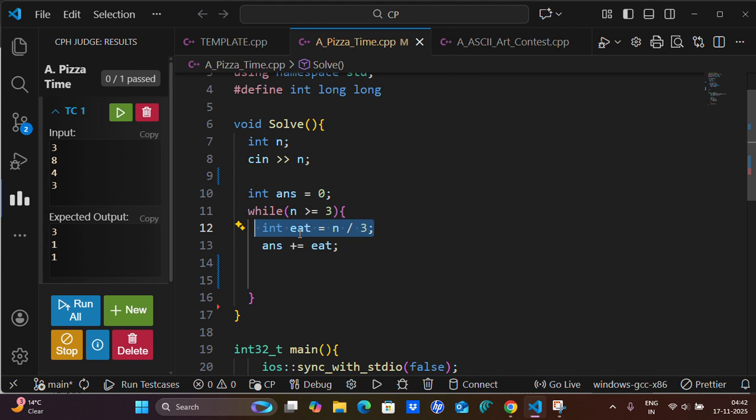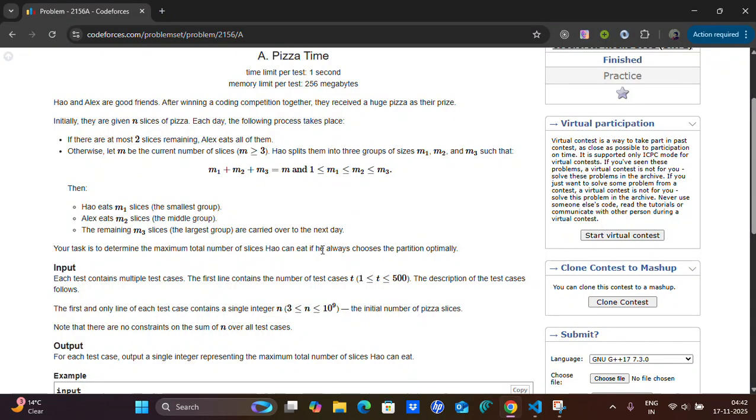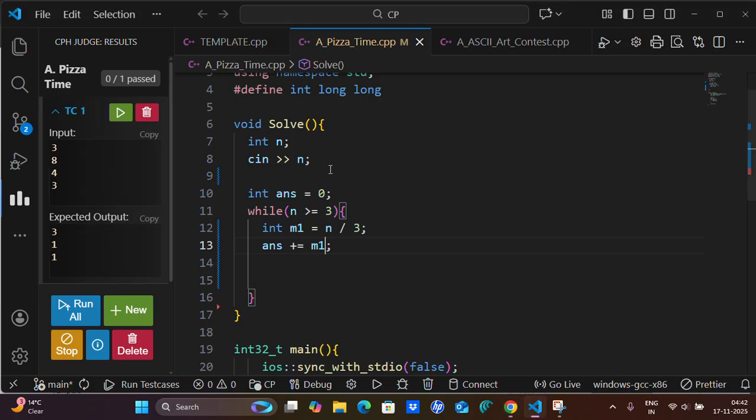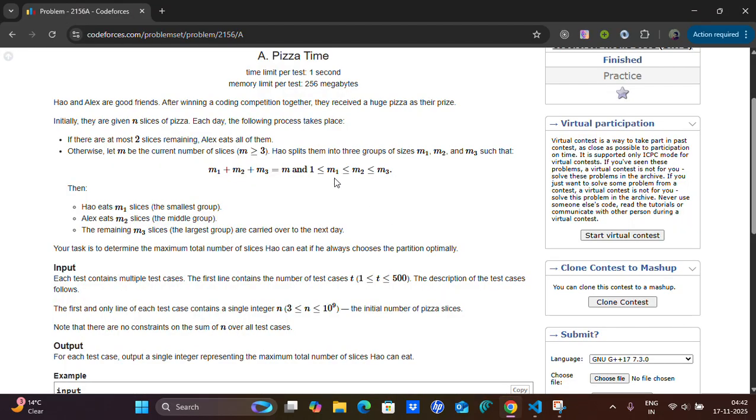So here I have calculated this m1, or rather I should write m1, it will be much better to understand. So m1 is now n by 3. M2 is also n by 3, because it is given that m1 is less than or equal to m2, and m1 and m2 are equal over here.